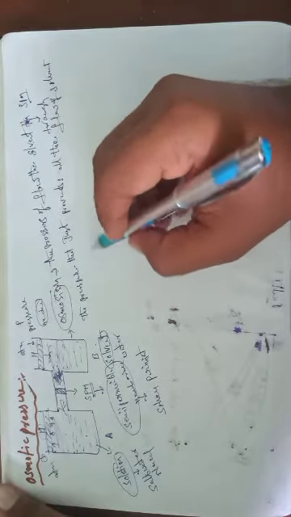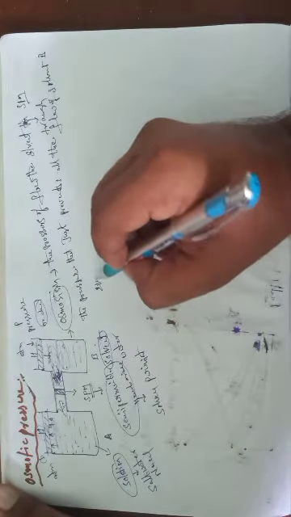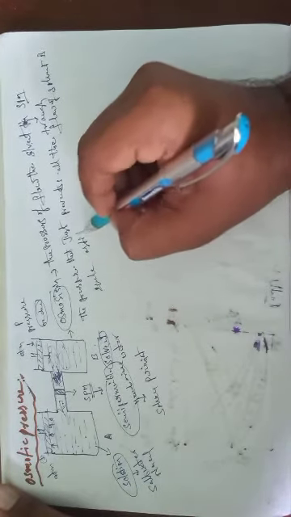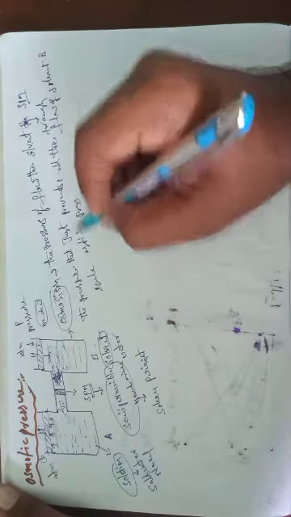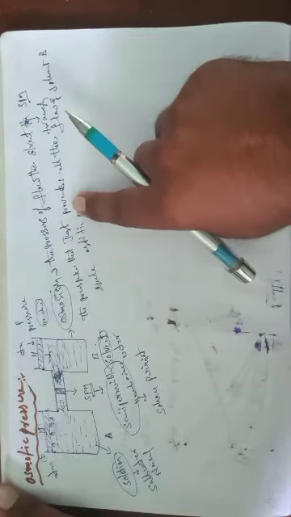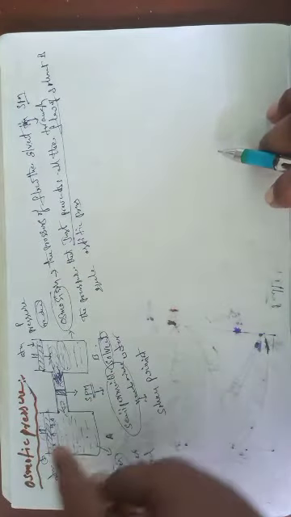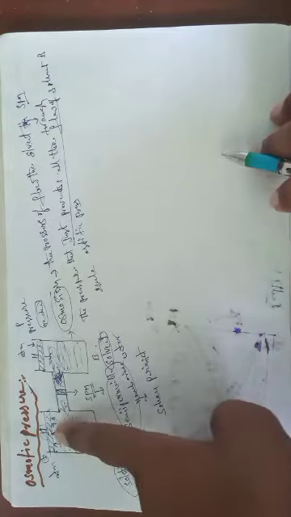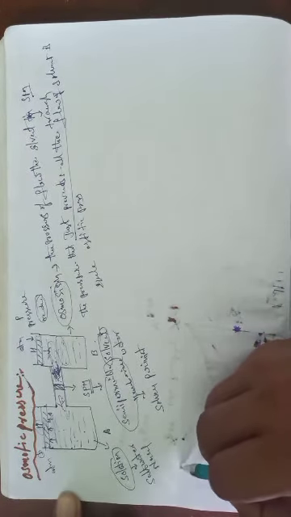Which pressure prevents the flow of solvent? That pressure is known as osmotic pressure. Mathematically, the osmotic pressure is represented by pi.